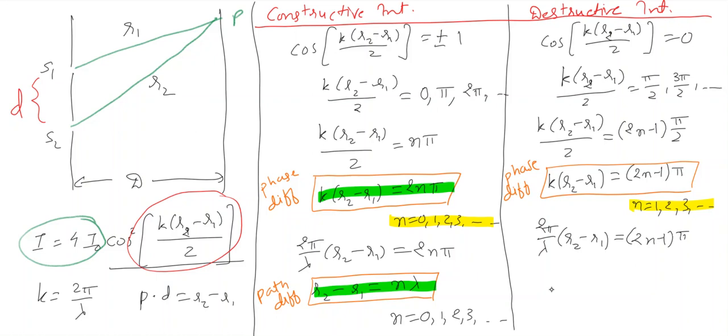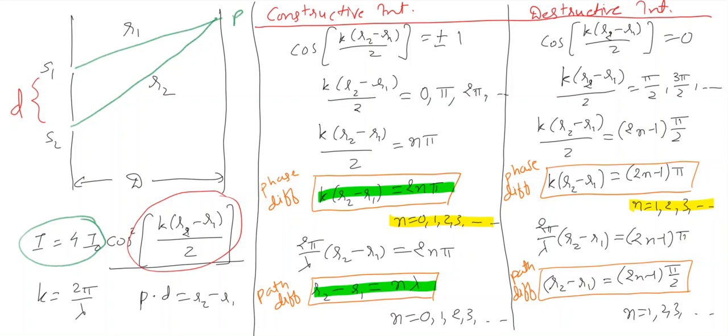Simplify it, and what you will have? R2 minus r1 is (2n minus 1) lambda by 2. That is what we earlier predicted, that it has to be an odd multiple of lambda by 2. Okay, and n is 1, 2, 3, and so on. So this is the condition for destructive interference in terms of path difference.